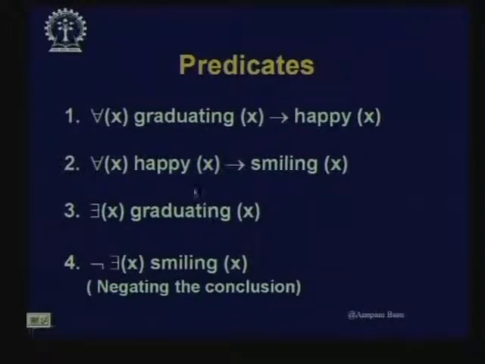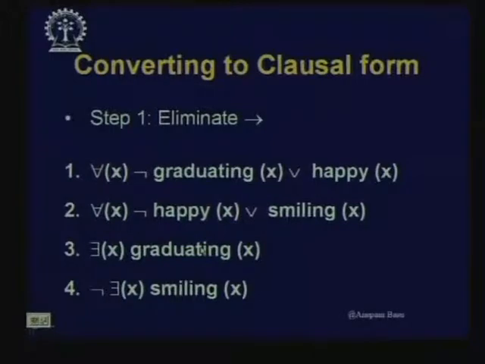I have not made any change in these, but next step we have to convert them into clausal form. In order to convert them to clausal form, the first step would be to eliminate the implication sign, to eliminate the implication operation, right.